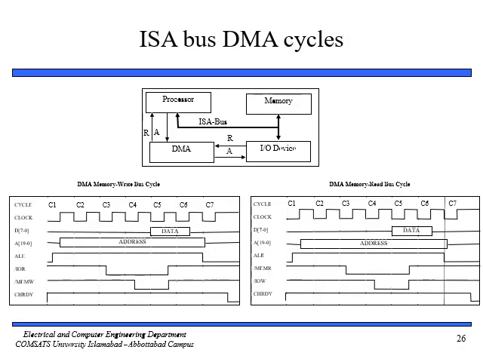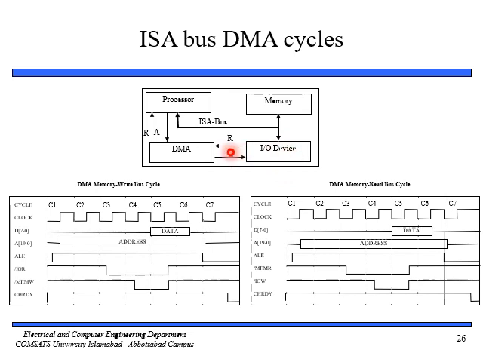So in this slide we are being told about the ISA bus DMA cycles. The bus that is used here is Industry Standard Architecture, and it is using DMA. So we can see that the processor is connected to DMA and the bus is connected to memory as well as IO devices.